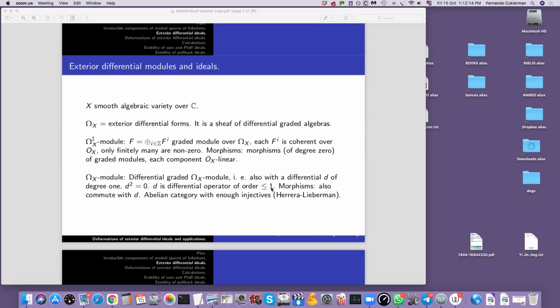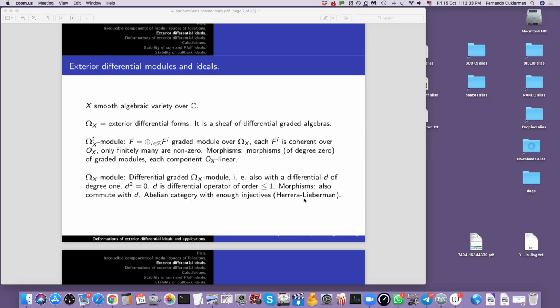It's a differential operator of degree less than or equal to 1. And the morphisms between two such modules are required to commute with d. So this is an abelian category with enough injectives.